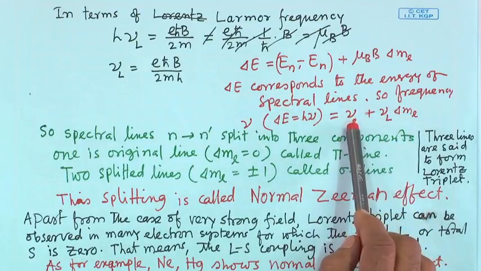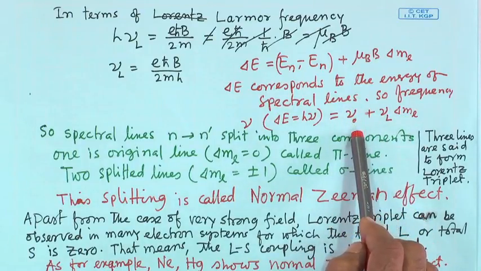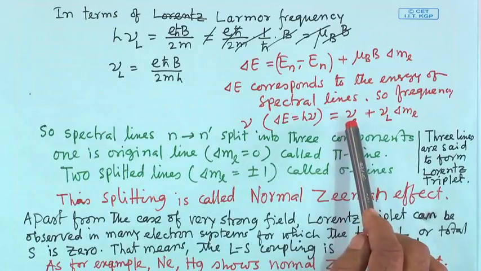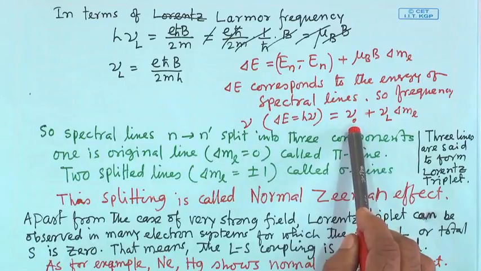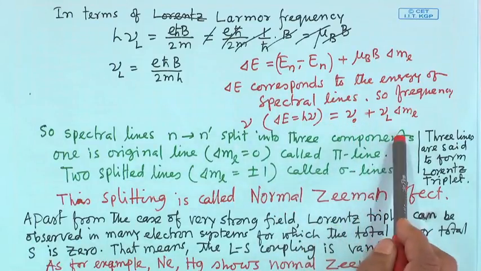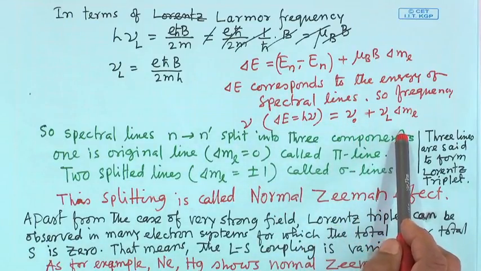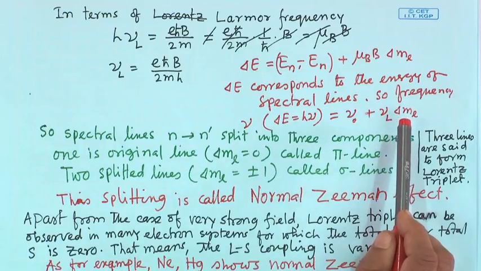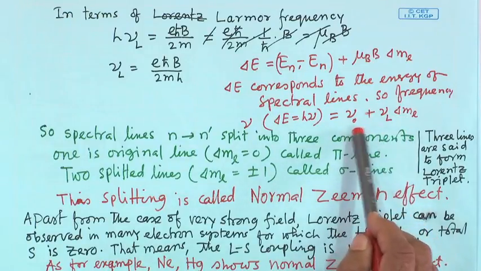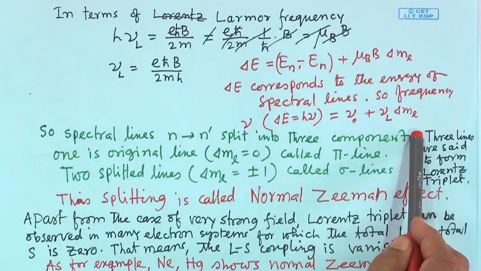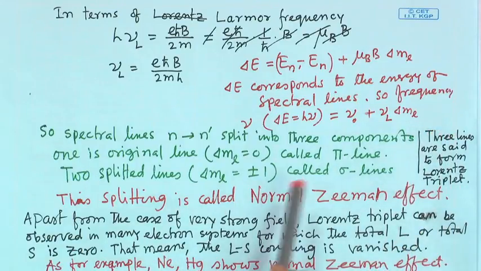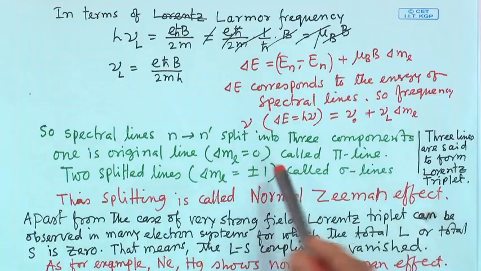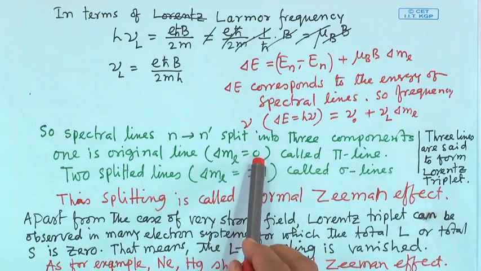Originally it was one line with frequency nu 0 without the magnetic field. After applying the magnetic field, this one line is split into 3 lines: one is the original line and the other 2 are new lines.